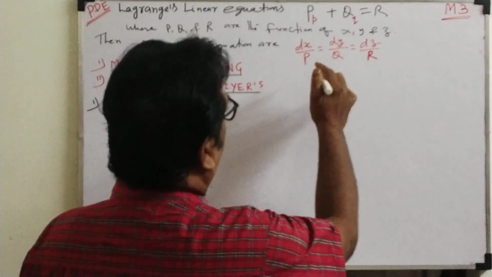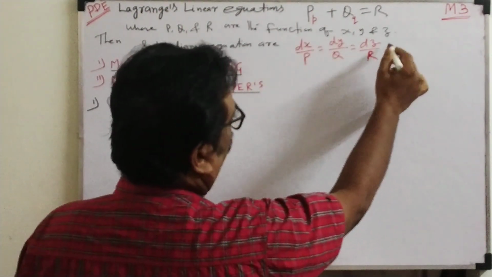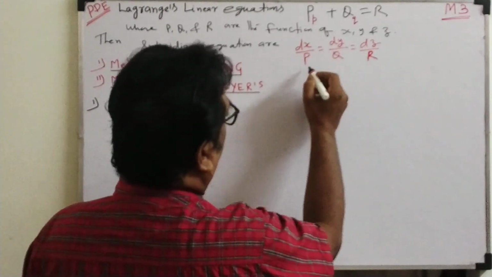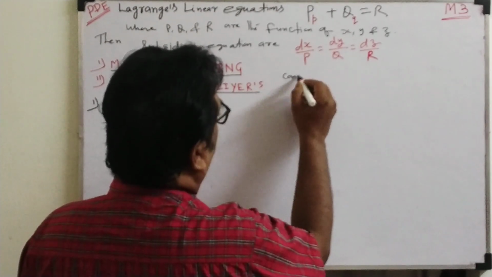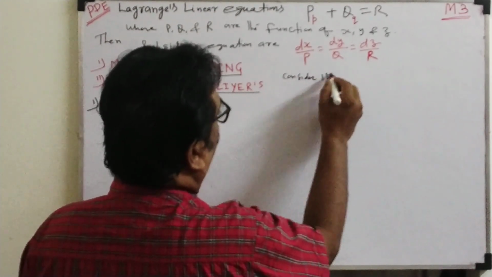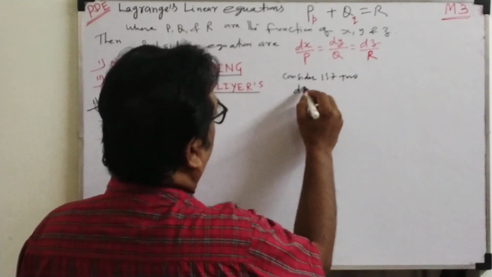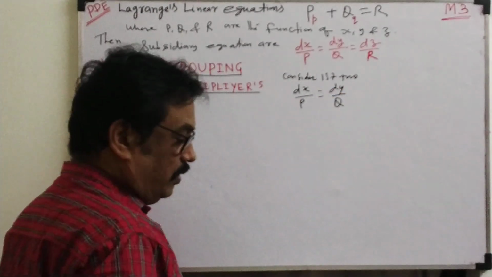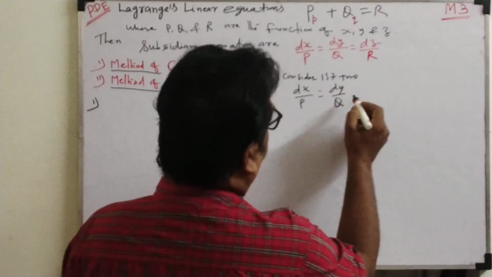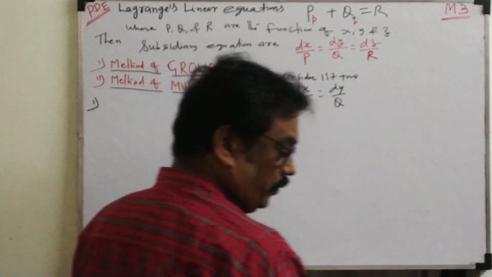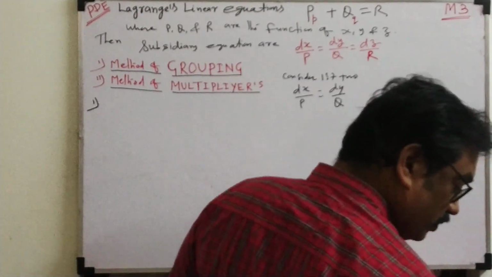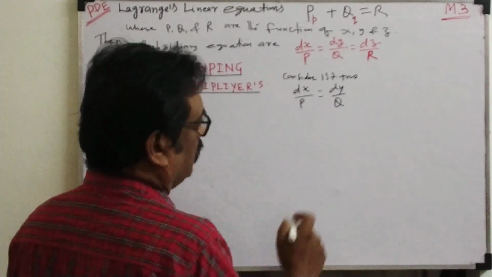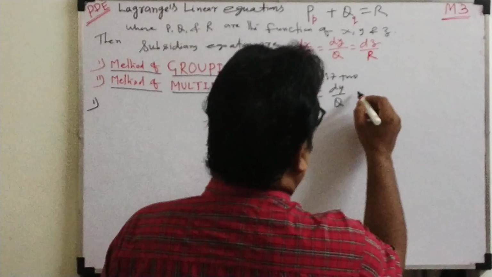In the method of grouping, first we look at the subsidiary equations. There are three equations. If we consider the first two, that means dx by P equals dy by Q, then we see that z terms should not be there in P and Q, only x and y.